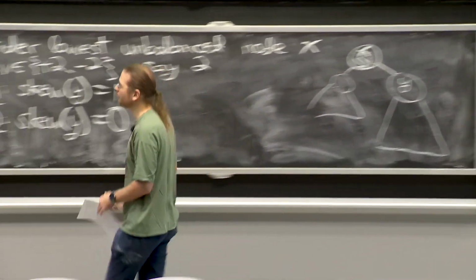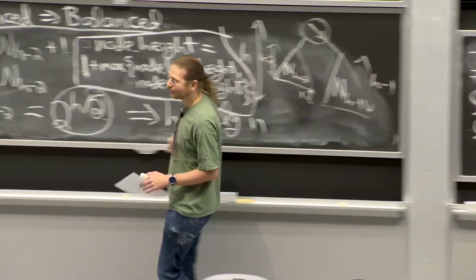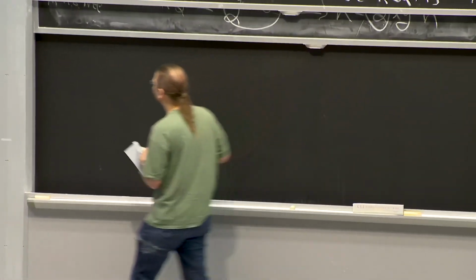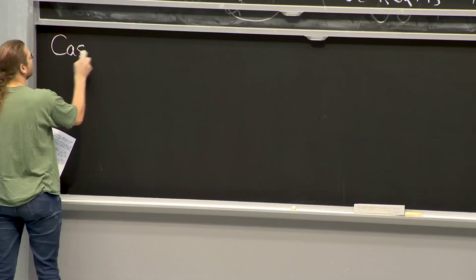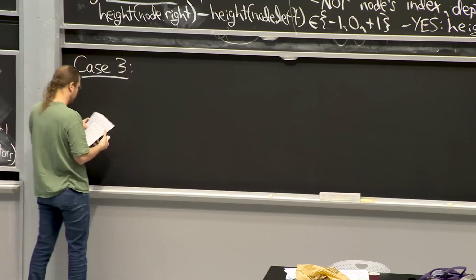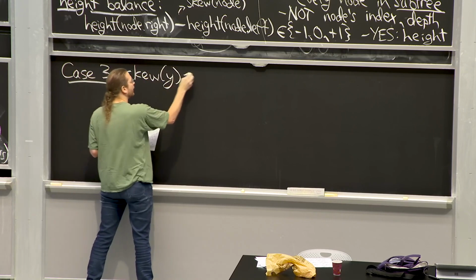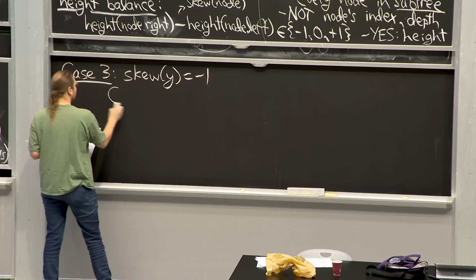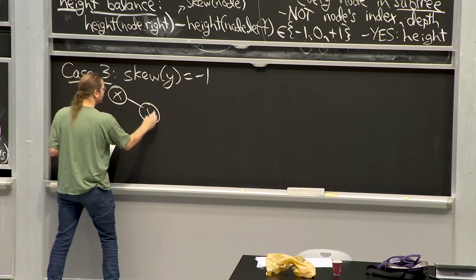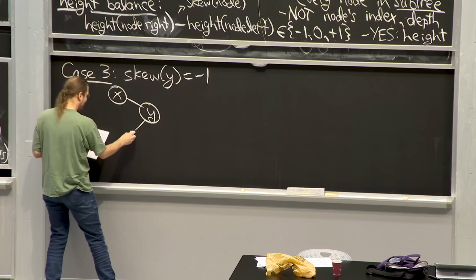Unfortunately, there is a hard case, case 3, but there's only one. And it's not that much harder. So it's when skew of y is minus 1. In this case, we need to look at the left child of y.